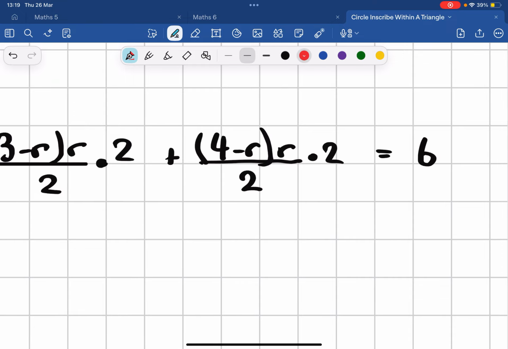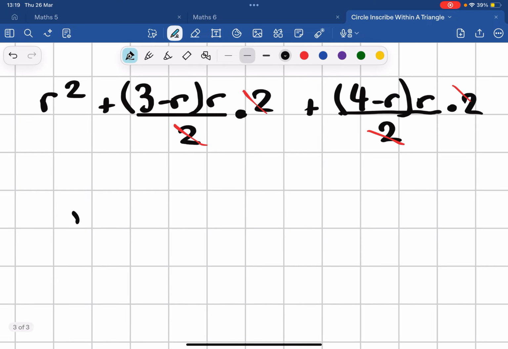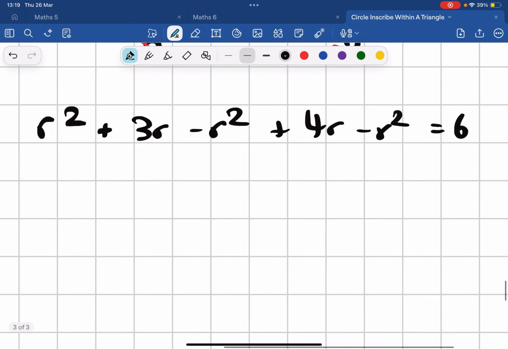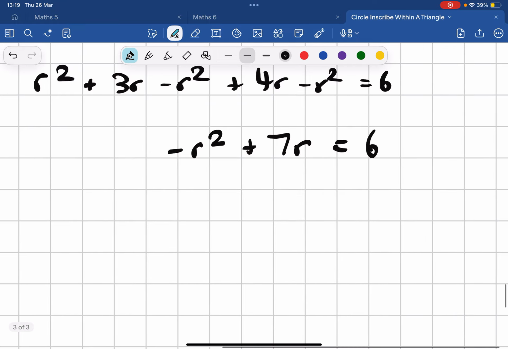So immediately we can cancel these 2's. Start solving. So we have r squared plus 3 times r is 3r minus r squared, plus 4 times r, which is 4r, minus r squared, minus r times r, which is r squared, equal to 6. Group the r squareds, so we have r squared minus r squared minus r squared, so minus r squared plus 7r equals 6.